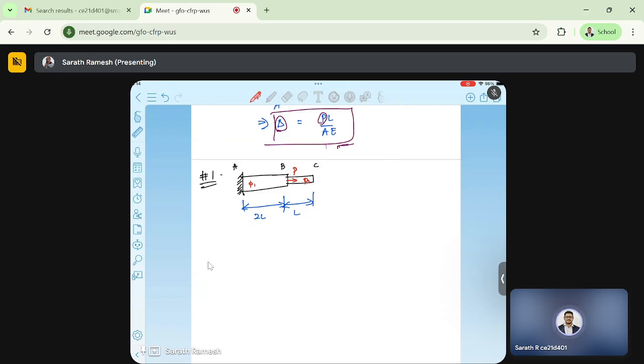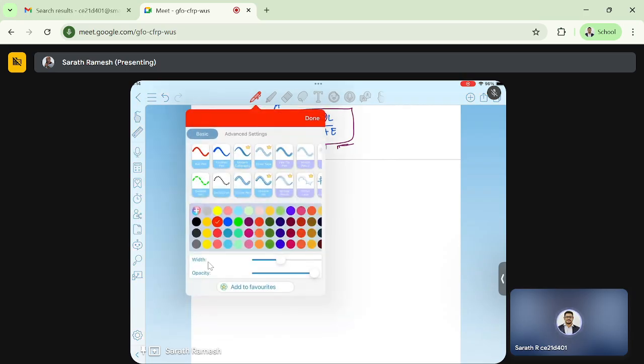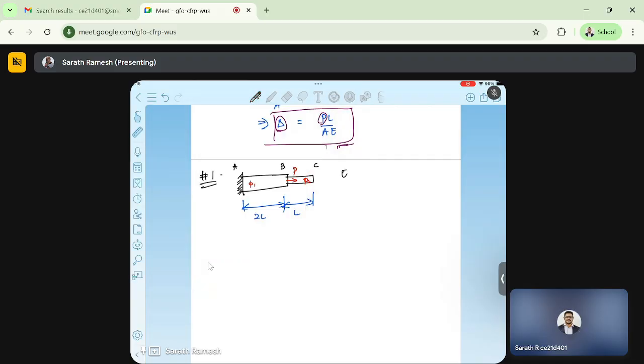This is phi 2. This is steel. So it's given that the Young's modulus is 200 gigapascal, diameter 1 is 20 mm, diameter 2 is 10 mm, this L value is 10 centimeter, and P value is 100 kilonewton.